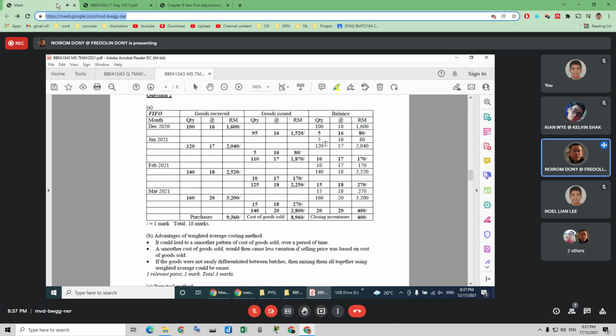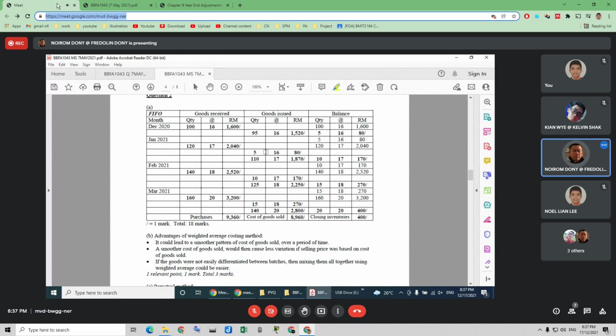So before we issue, we need to look at the available or existing balance. We have two categories in January, which are 16 and 17. So we can only issue 5 for the 16 because this is the only available. So we write down 5, 16, 80, issue them all. And it's not enough.